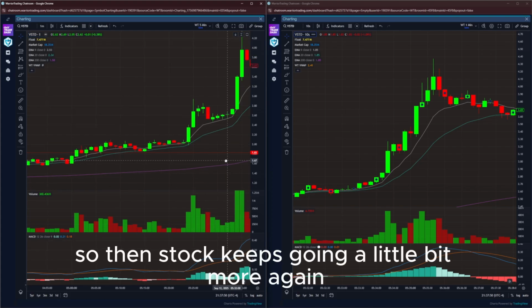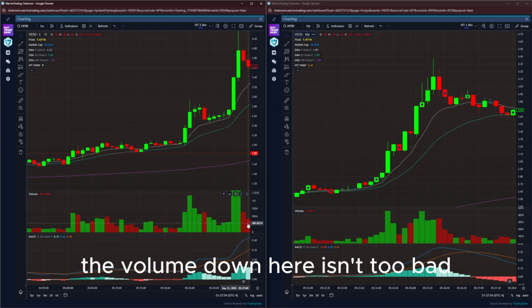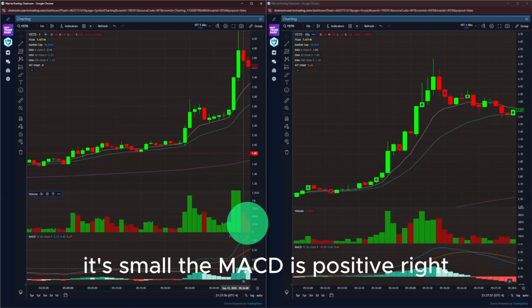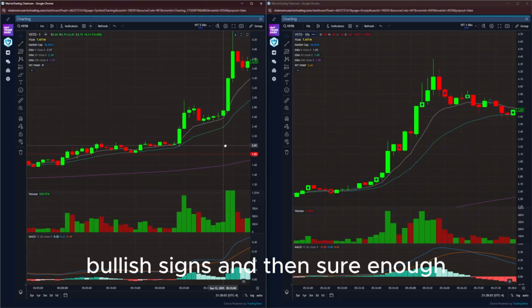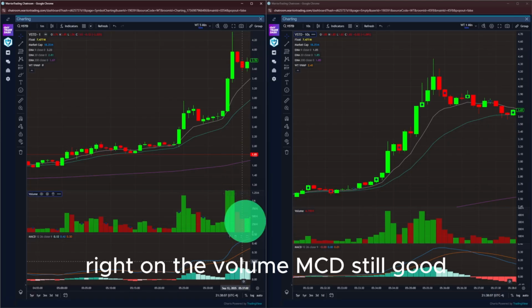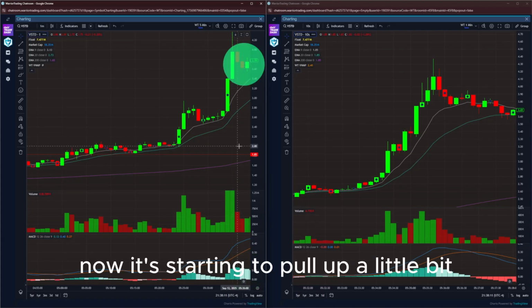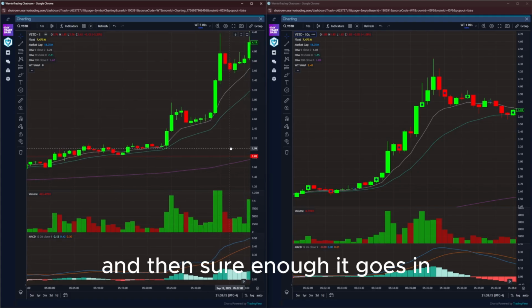So then the stock keeps going a little bit more. Again, the volume down here isn't too bad. It's small. The MACD is positive, right? You're still getting bullish signs. And then sure enough, you get a little bit of green on the volume. MACD's still good. Now it's starting to pull up a little bit. And then sure enough, it goes in.